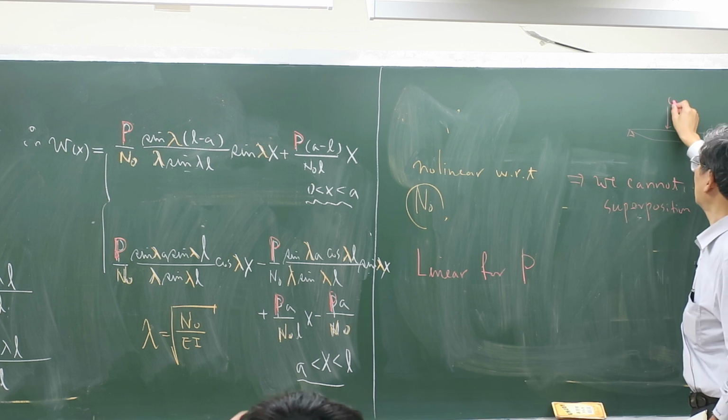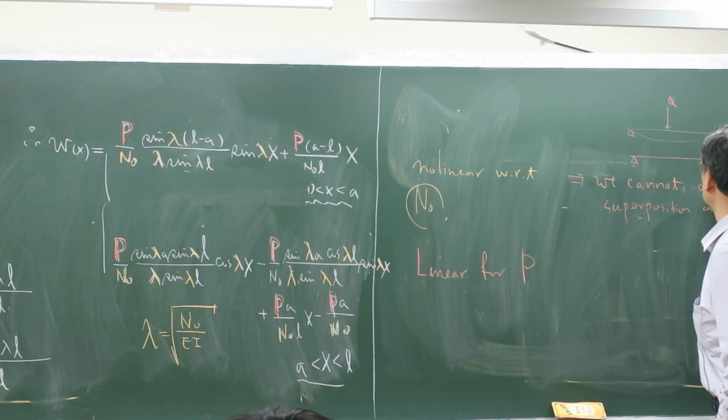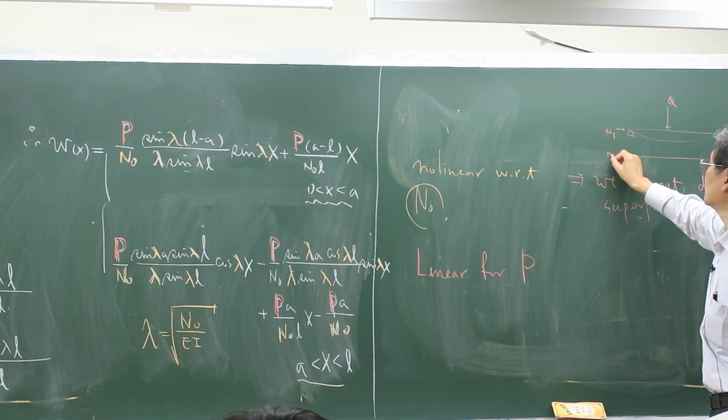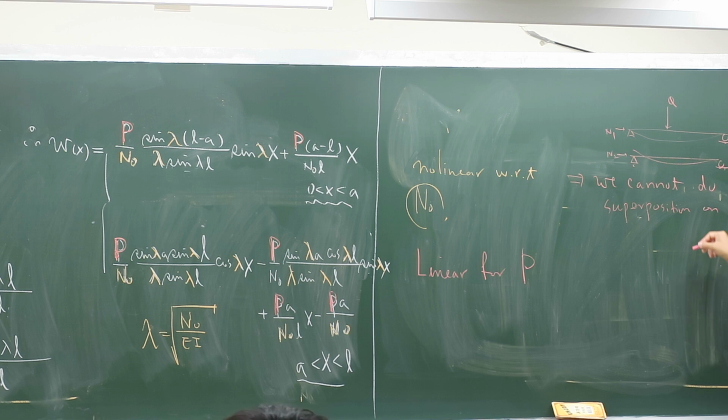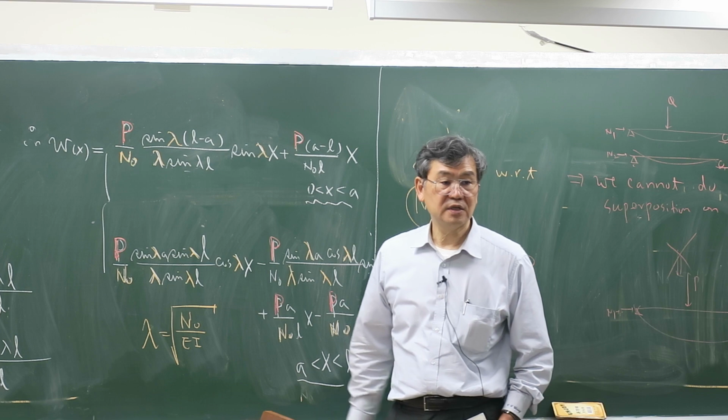And the plus N2, the diffraction, and you can get the solution of N1 plus N2. These are not equal, okay? So you cannot do superposition on N0 because we have a lot of lambda. It's nonlinear over N0.